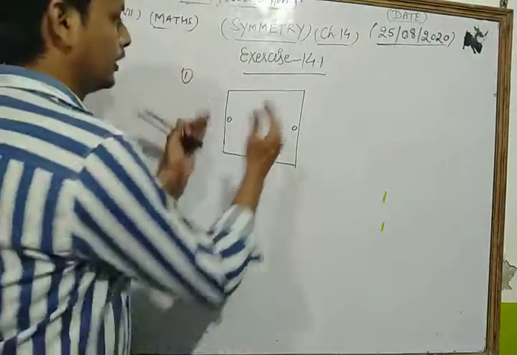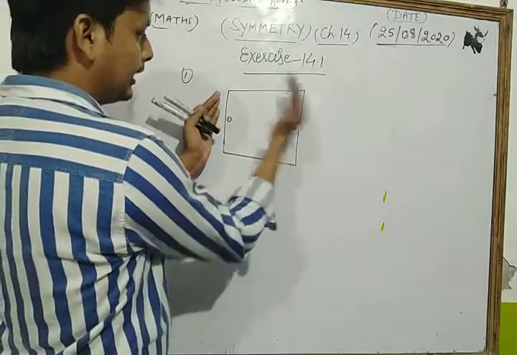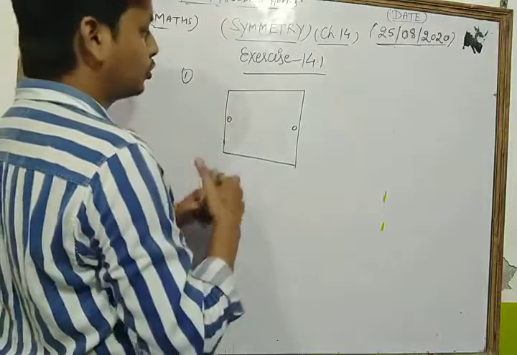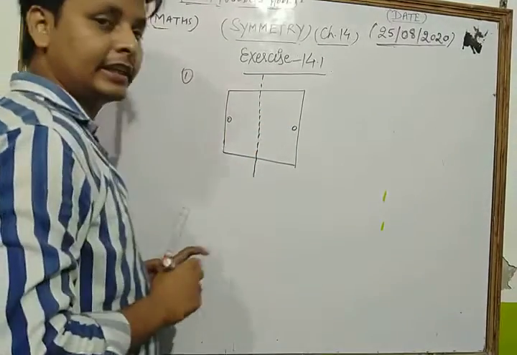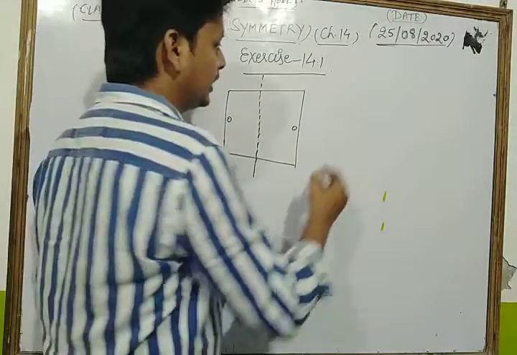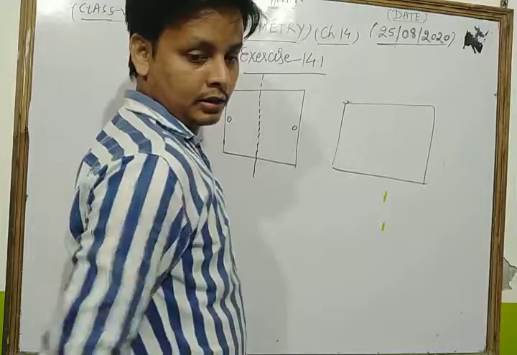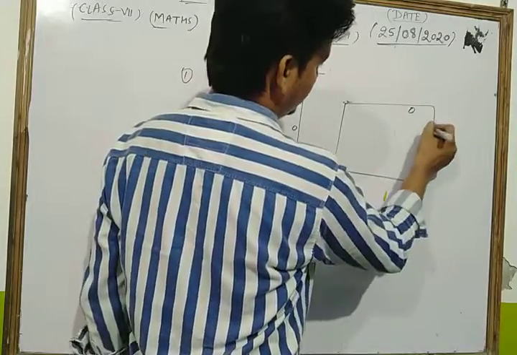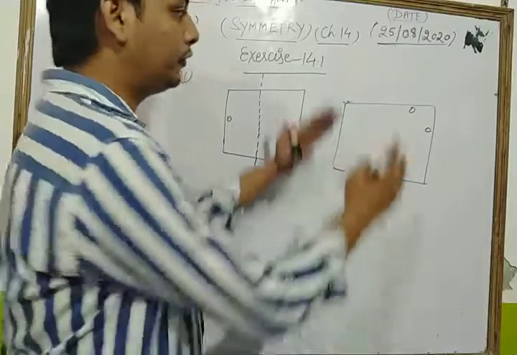Dear students, if we fold the given figure in this way, so that each part is superposed on the other, then we draw the line of symmetry in this way in the first question. Similarly, in the second part of this question you have the punched mark in this way. So what is the line of symmetry of that figure, dear students?